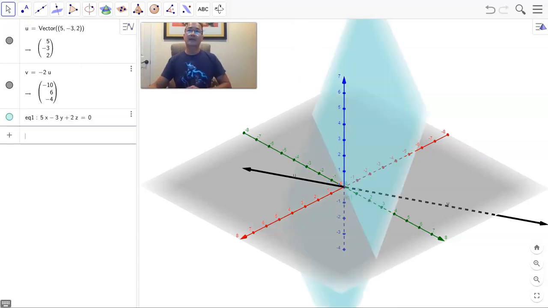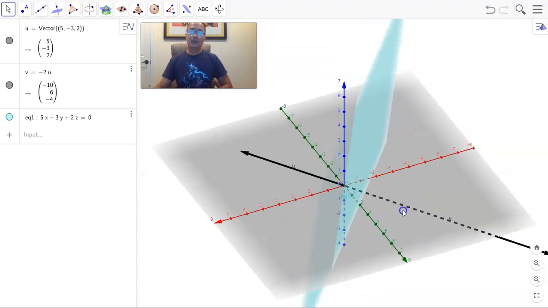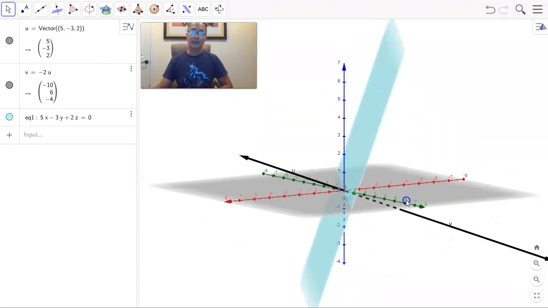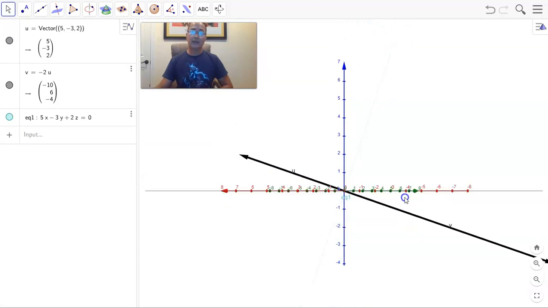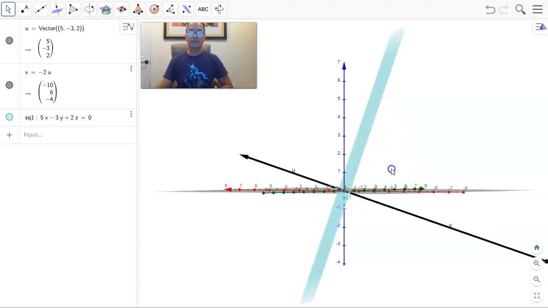There it is. So if you look this way, look that way, the plane has disappeared because it just looks like an edge over there. Let's make it like this. So all the vectors on that plane are perpendicular to our line. And again, let's play the other game that we did in R2.